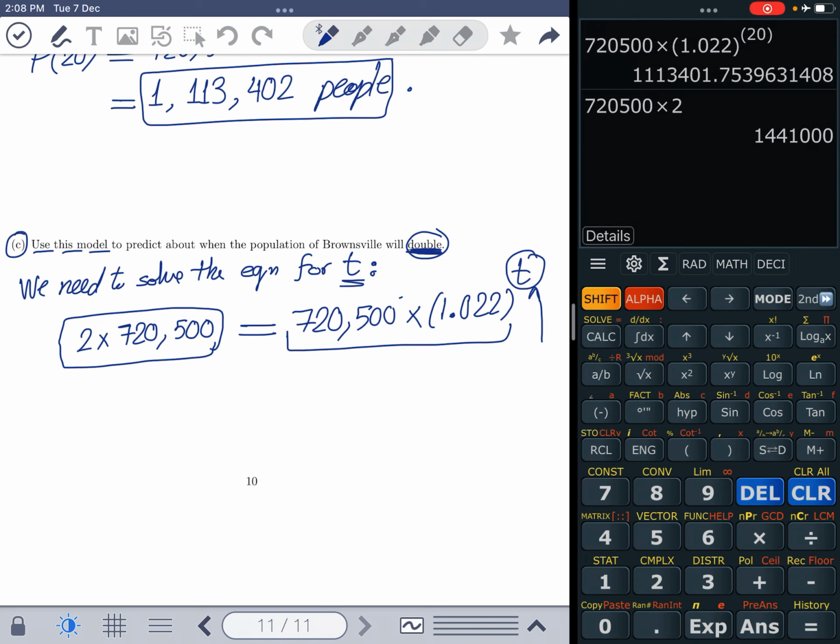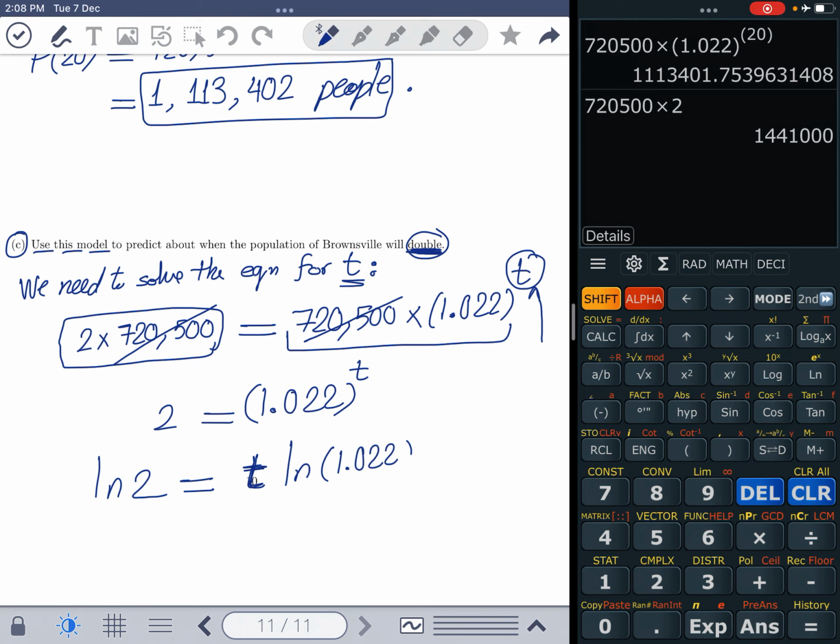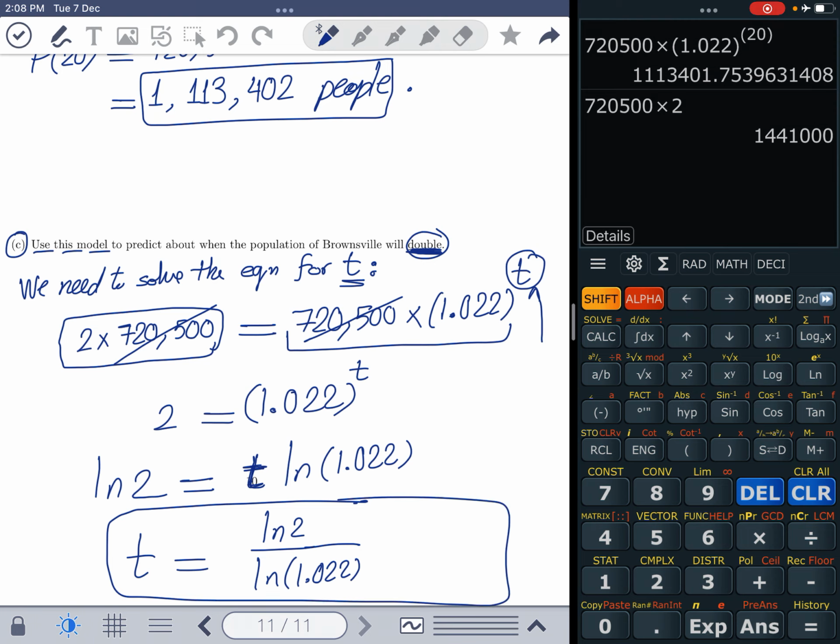So notice that this cancels with this, and so you'll have 2 equals 1.022 to the power t. Very easy to find t. Apply ln, so you have ln 2 equal t comes down, and you have ln of 1.022, and finally t is ln 2 divided by ln 1.022.